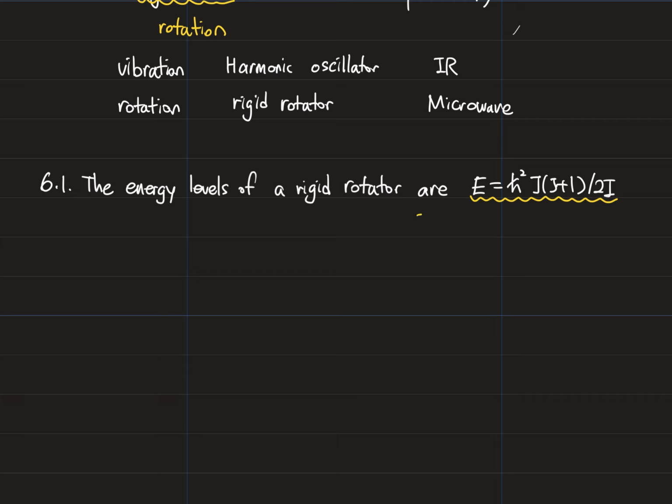Here J is the rotational quantum number, and this can be 0, 1, 2, like positive integers with 0. And I is the moment of inertia.